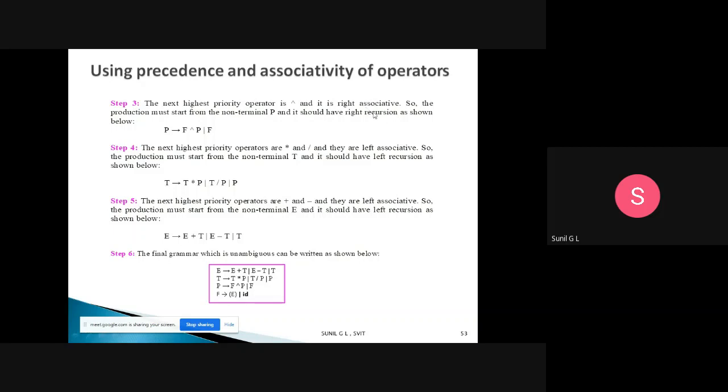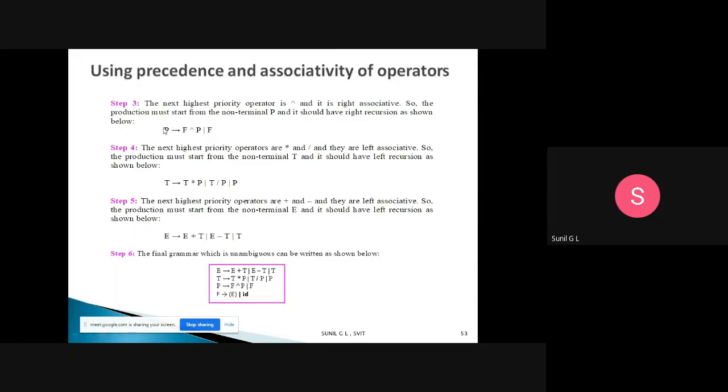Whenever it is right associative, the production must start from non-terminal P, and it should have right recursion. So what is that right recursion? Here P tends to F, which is the basic production, and F square P.